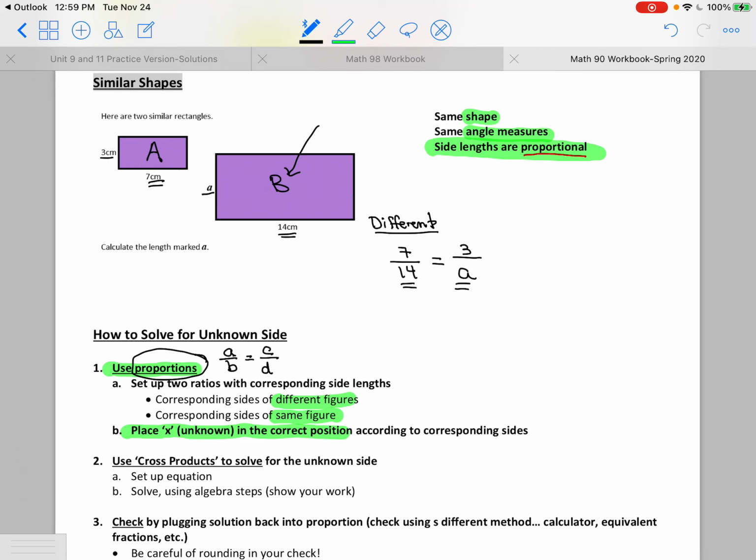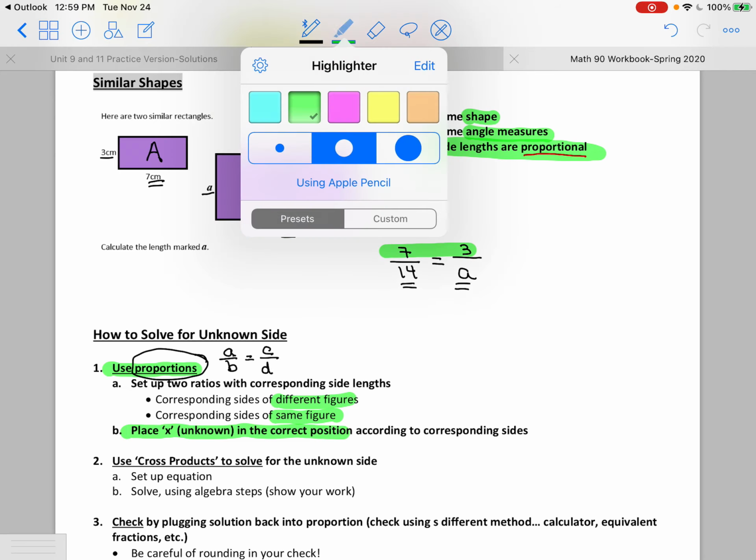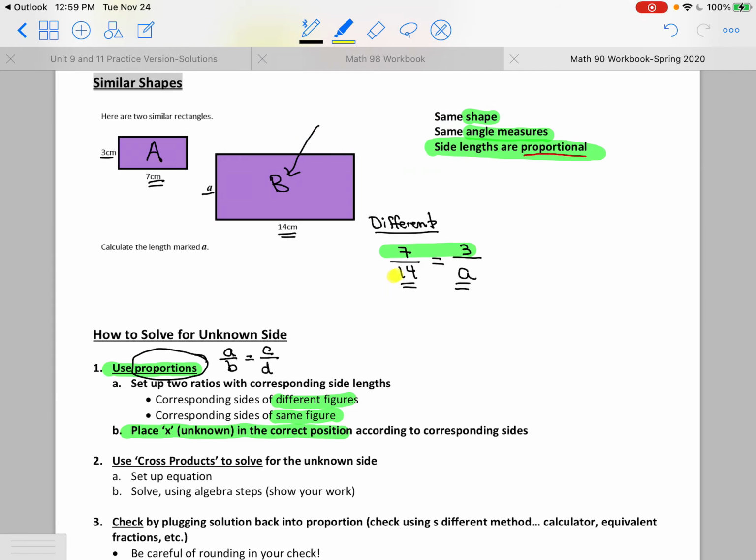Now I could have flipped that. I could have put 14 over 7 is equal to A over 3, as long as my numerators are from figure A and my denominators are from figure B.